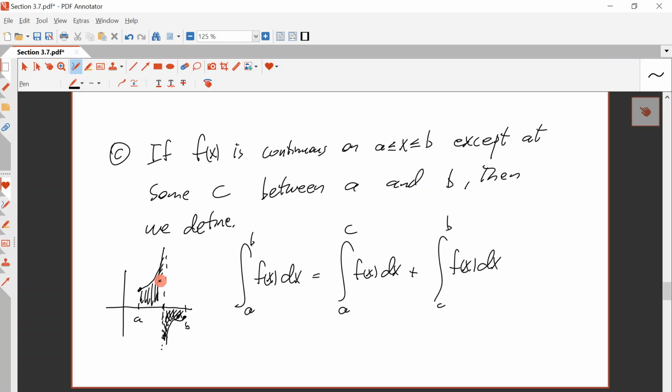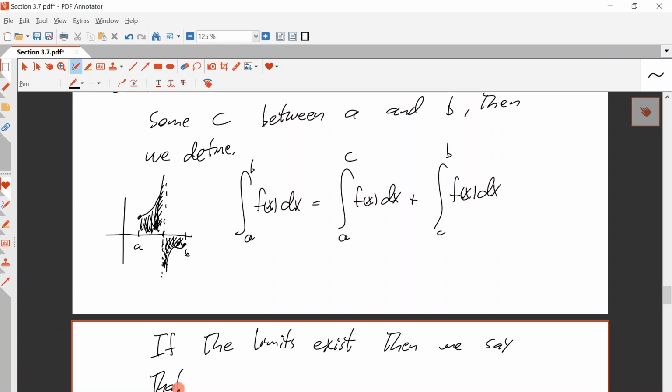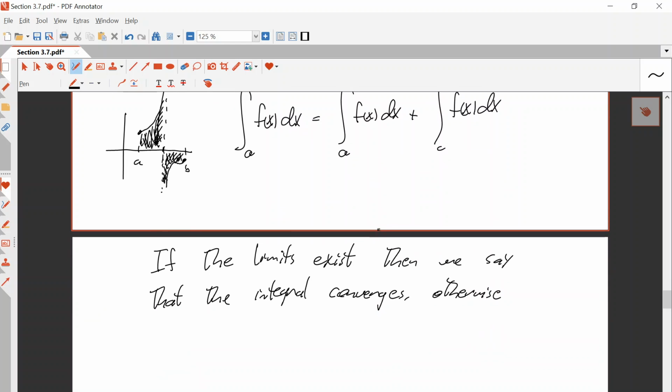You calculate the area on one side of the discontinuity, and then you calculate the area on the other side of the discontinuity. And again, if these limits exist, then we say that the integral converges. Otherwise, the integral diverges.